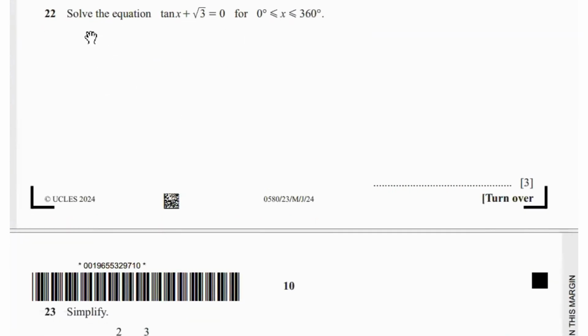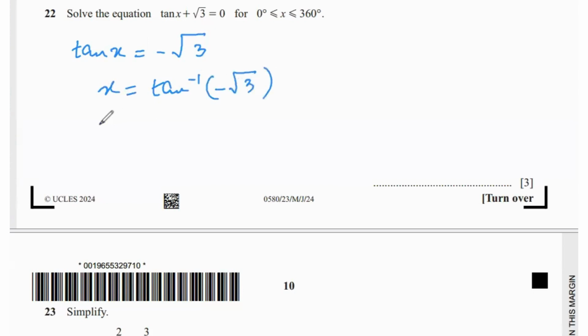Question 22 says, solve the equation tan x plus root 3 equals 0 for x greater than or equal to 0 and less than or equal to 360. So tan x equals negative root 3, x equals tan inverse of negative root 3, which is basically negative 60.